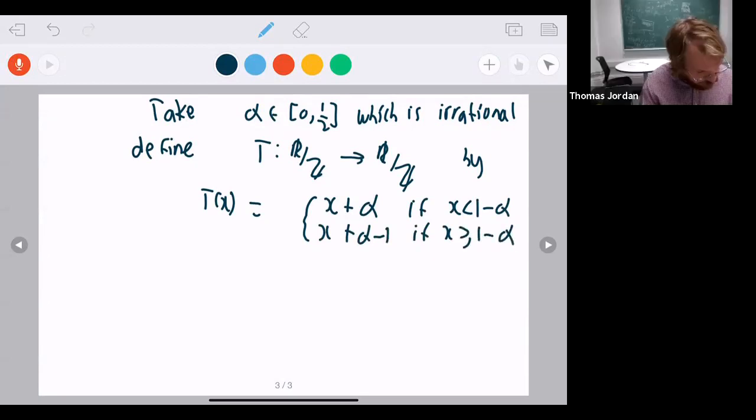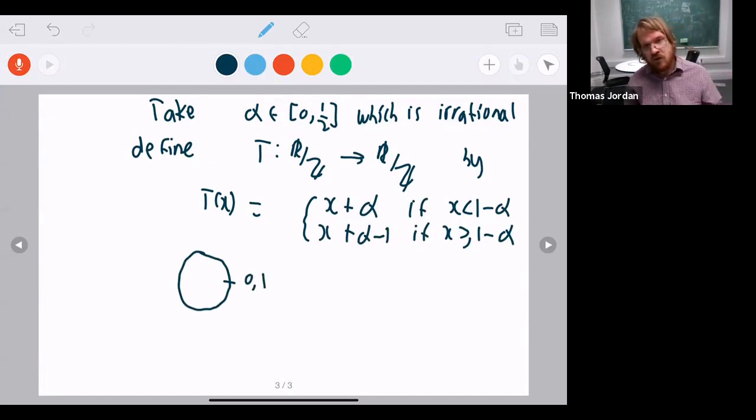And so this is simply a rotation on the circle by alpha.